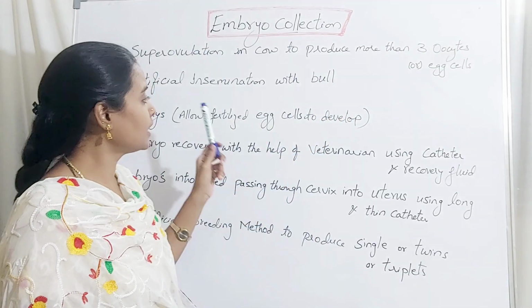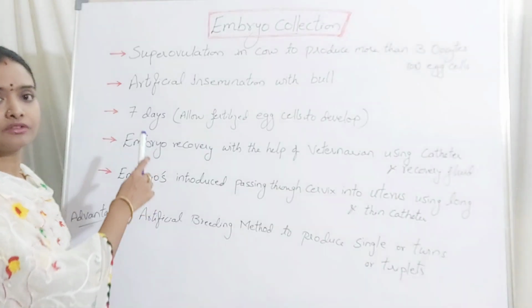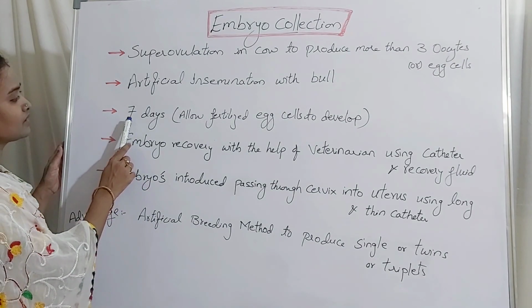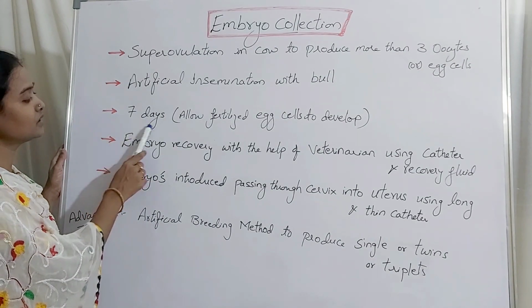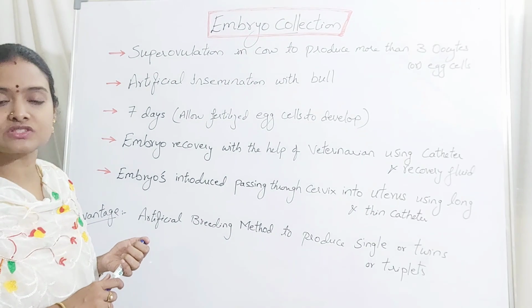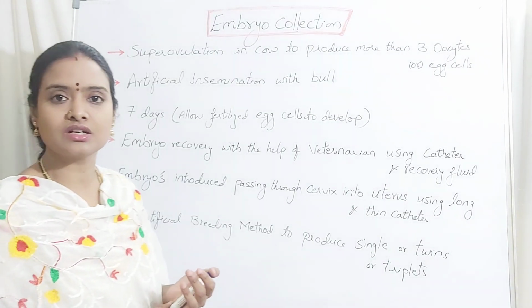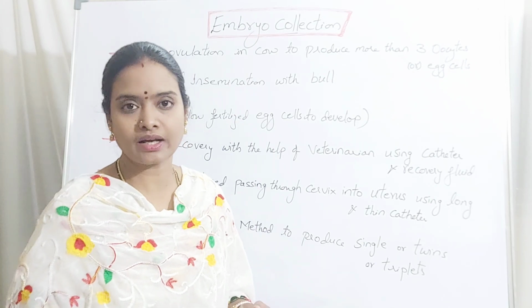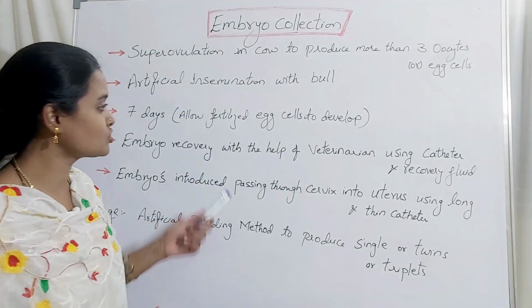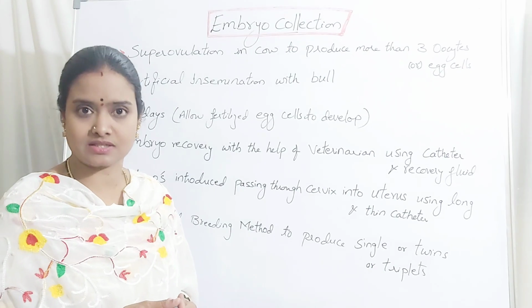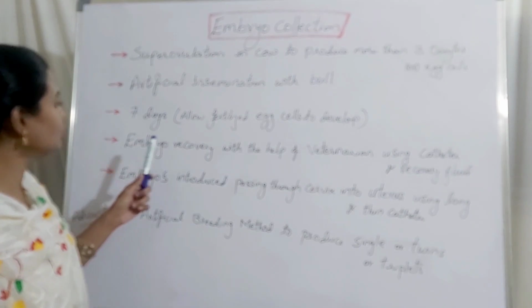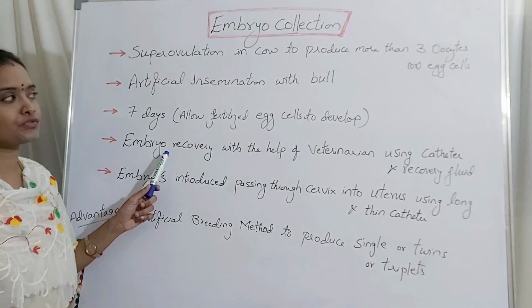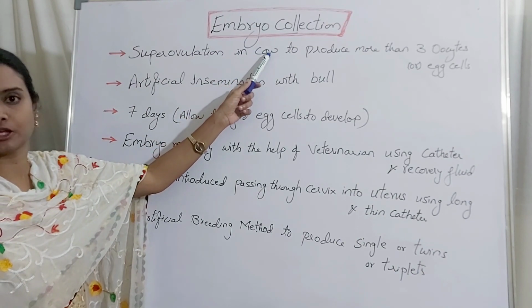They are allowed to develop for 7 days. In embryo development we have seen the single cell stage, 2 cell stage, 4 cell stage and 8 cell stage. So at the 8 cell stage or the next stage, the blastocyst stage, you are going to recover the embryos from this female animal.